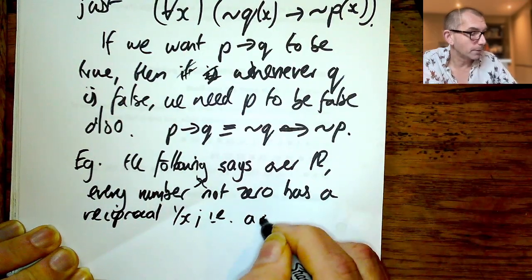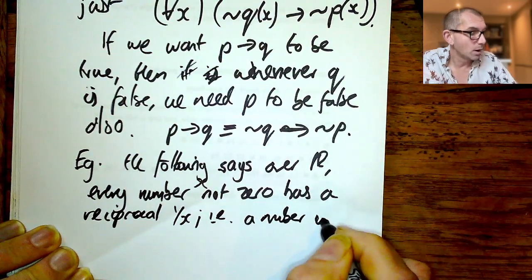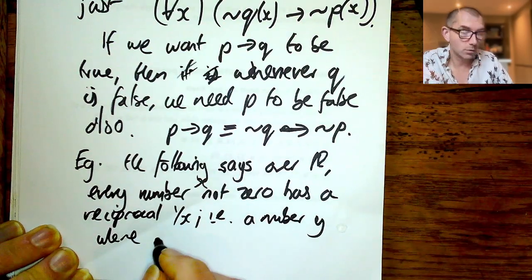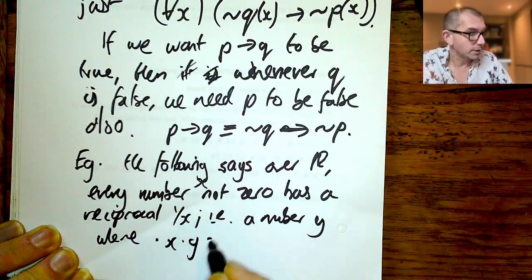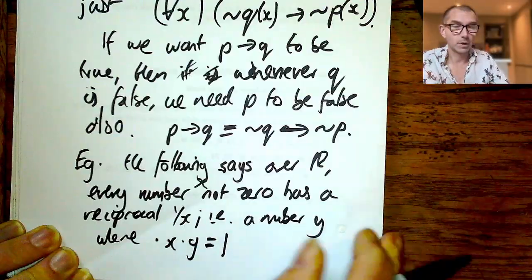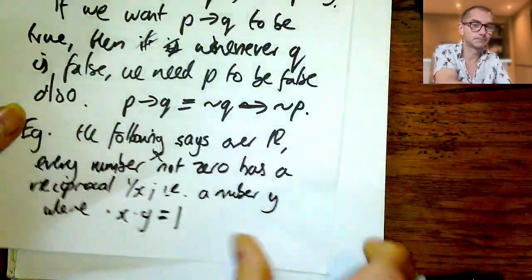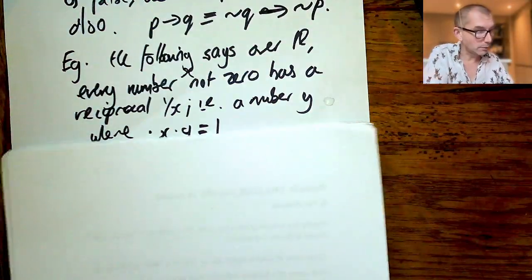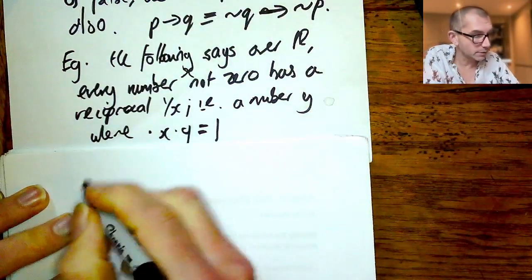i.e., a number y where x times y equals 1. Okay. So how do I write that down as a predicate?